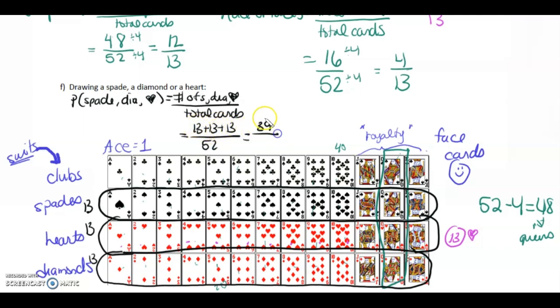Or simply count them out, 39 over 52. And we can go ahead and divide that by 13, and we get 3/4. 3 out of every 4 cards is going to be either a spade, a diamond, or a heart.